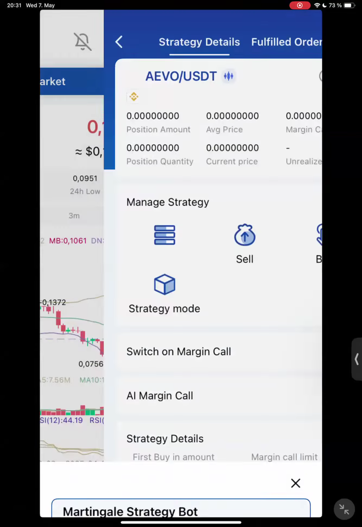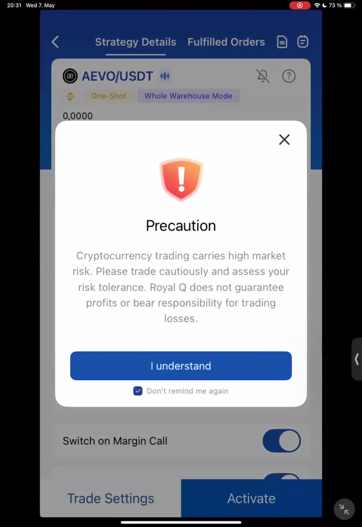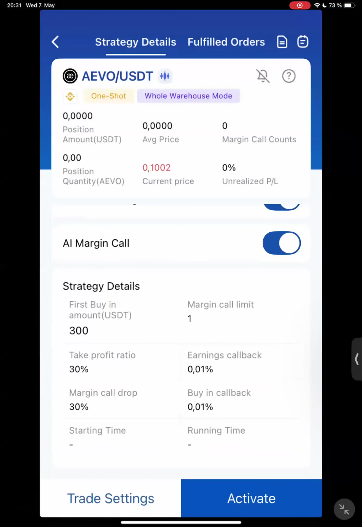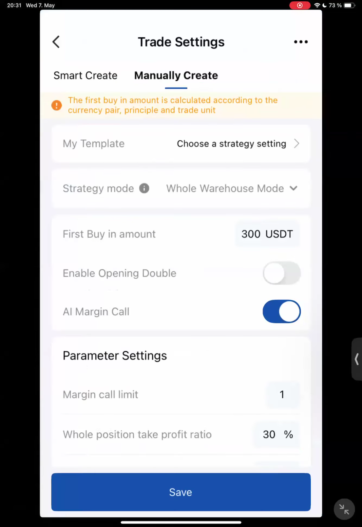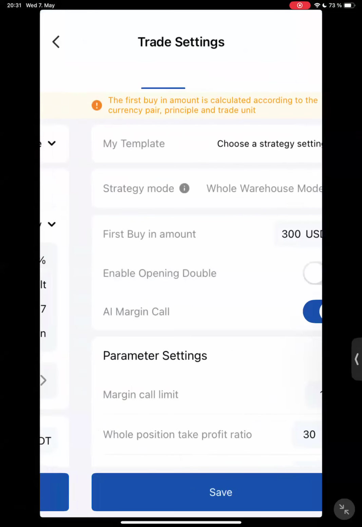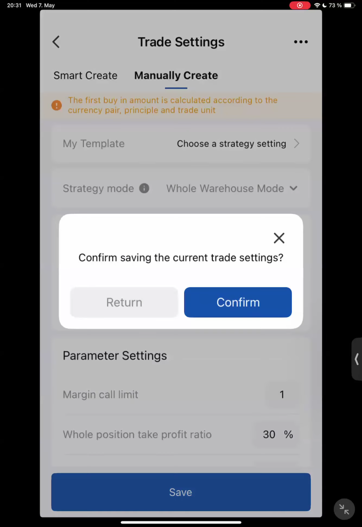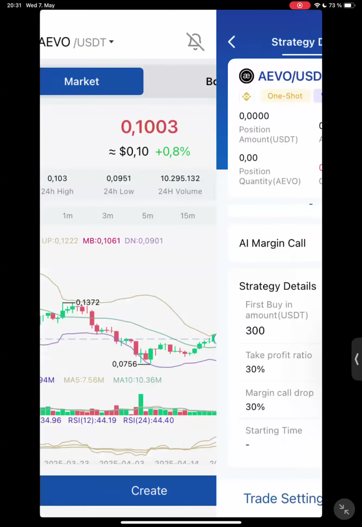Then you tap on create again, then don't remind me again. It's just a risk precaution. So you tap on I understand. Then if there are already settings that you want to use, you could use them, or you could edit the settings by tapping on trade settings. Then you will change the parameter settings to suit what capital you have. All right. So let us go back.